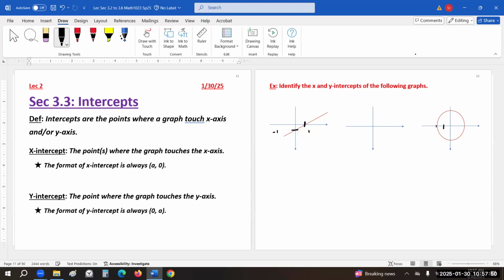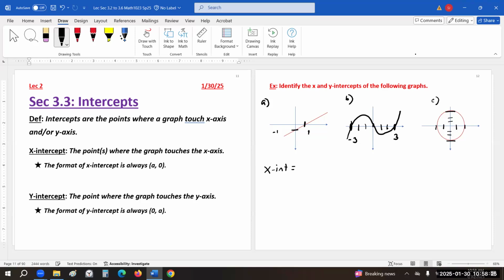Let's say this is 1, 2, 3 on each axis. And let's say in the middle one, we have a graph like this. So let's say -3 here, 0 here, and +3 here. Okay, so A, B, C.